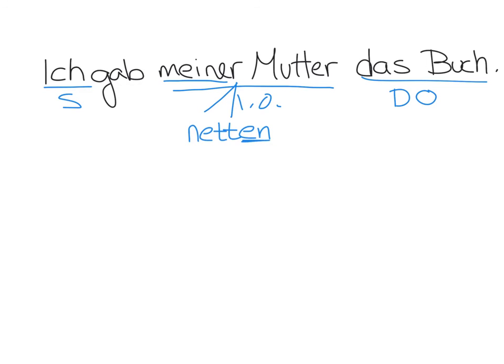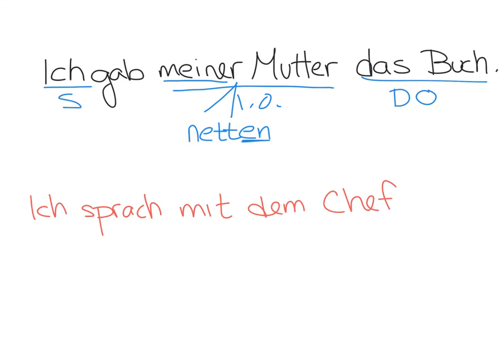Let's do one more sentence example. Ich sprach mit dem Chef. So this means I spoke with the boss. Well, in this case, we have a subject, a verb, and then mit dem Chef is a prepositional phrase.